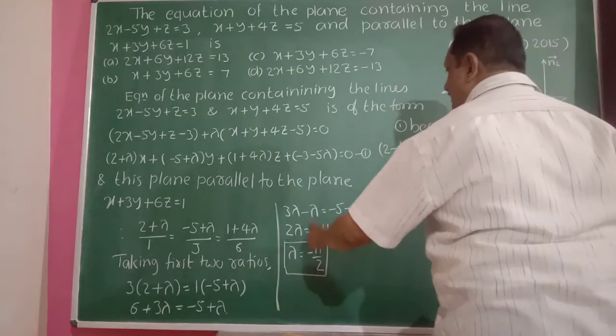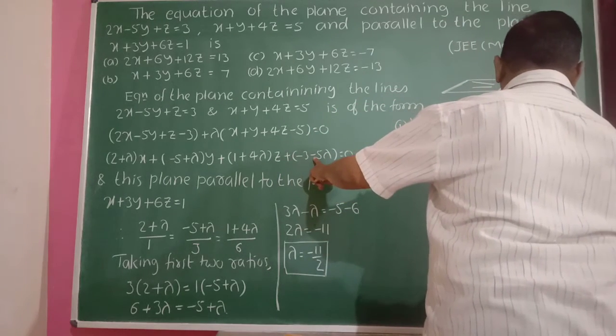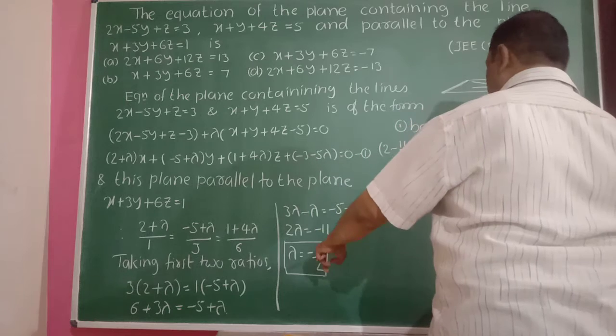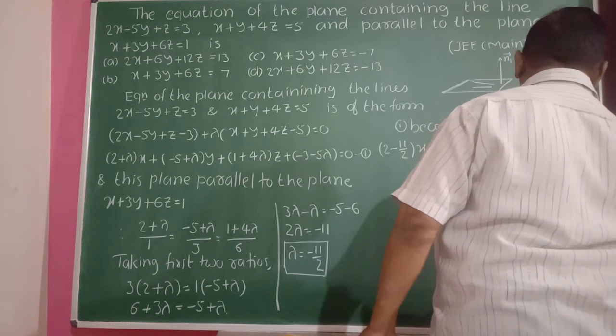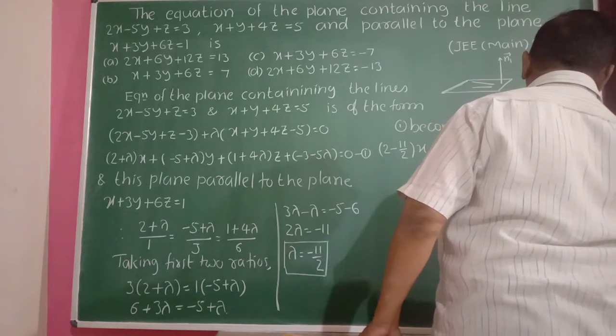Minus this minus becomes a plus, so plus 5 into 11 upon 2, that is equal to 0.